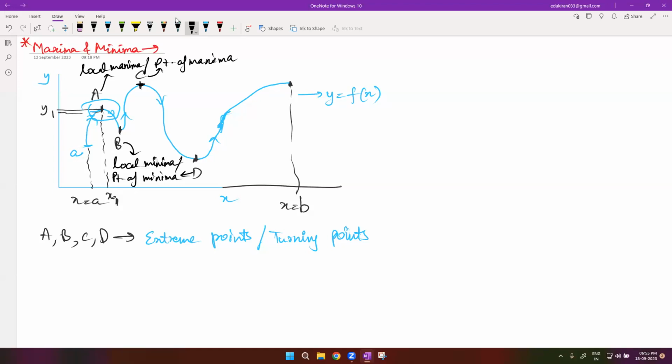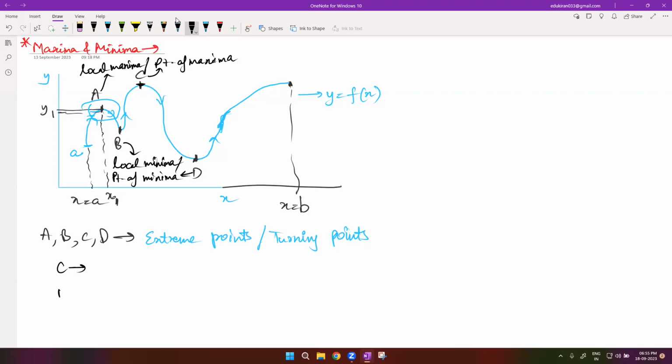Starting from point A up to point B, this particular value C is the highest.